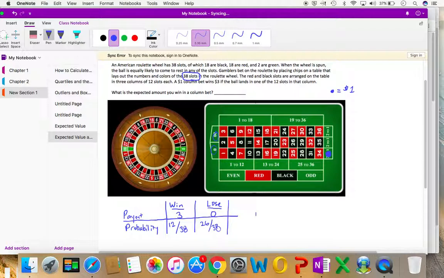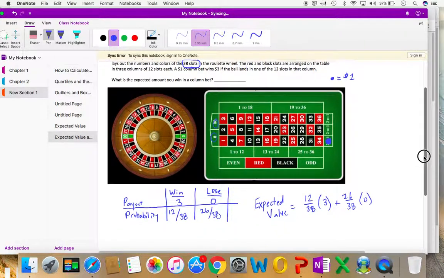But what my expected value would look like is, again, we're just going to multiply the probability by the actual dollar amount. So for the first one, we're going to get 12 out of 38 multiplied by $3. And then the next one, we're going to do 26 out of 38 multiplied by $0. Like I said, that's just going to cancel out.